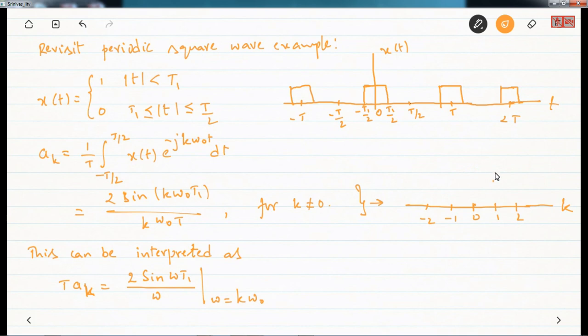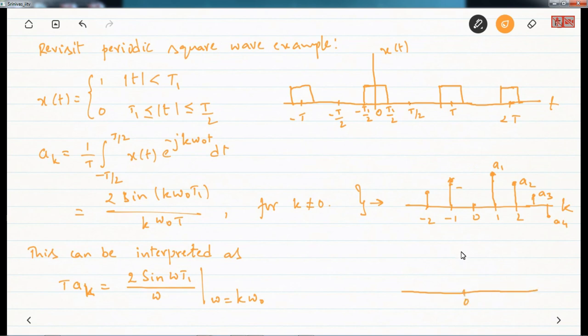So you have some value of k, a1, and maybe this is a2, and maybe this is a3, then this is a4, and so on, right? Now what we are saying is that the same thing can be obtained.